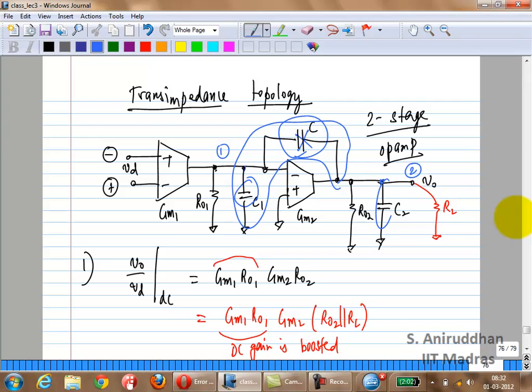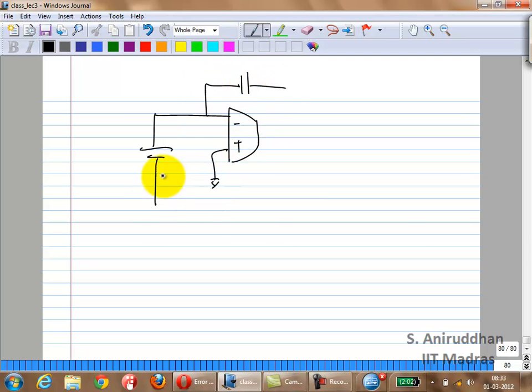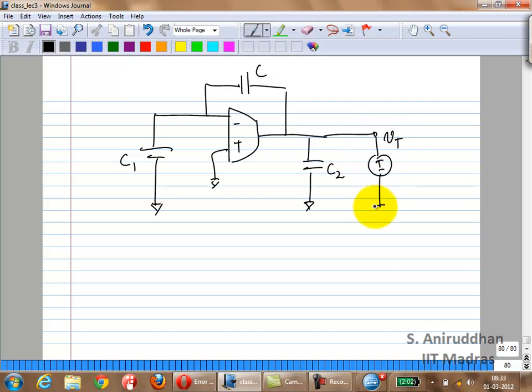So let's rewrite this. C1, C2. Suppose I apply a test voltage VT.